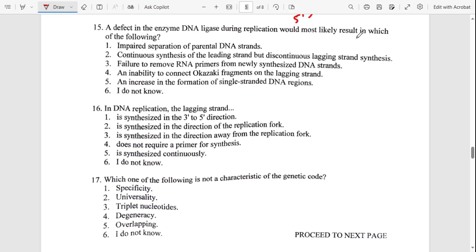Remember, the function of DNA ligase is to connect the Okazaki fragments via phosphodiester bonds. Therefore, if you don't have DNA ligase, you expect an inability to connect Okazaki fragments. Okazaki fragments are formed by DNA polymerase, but connecting them through phosphodiester bonds is done by ligase.